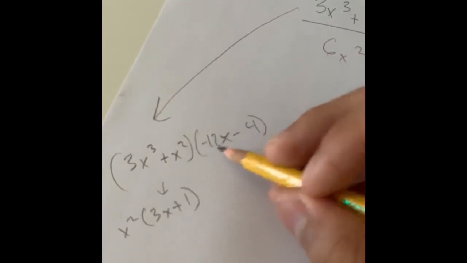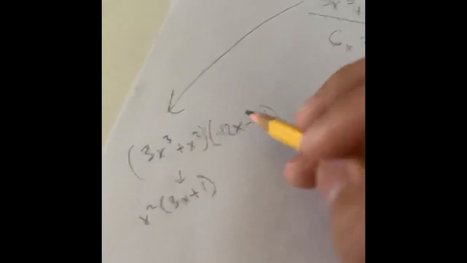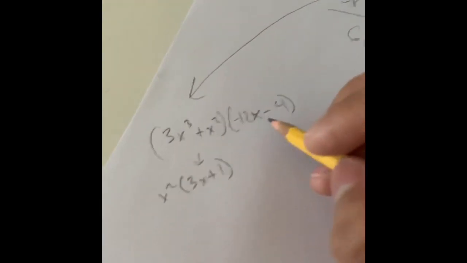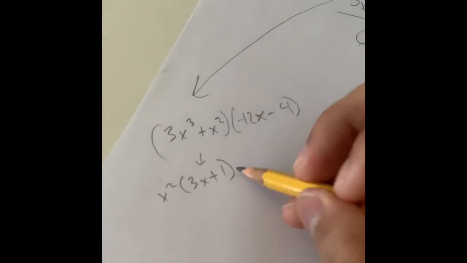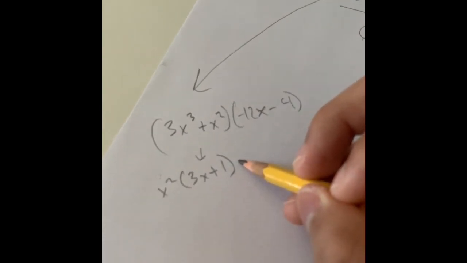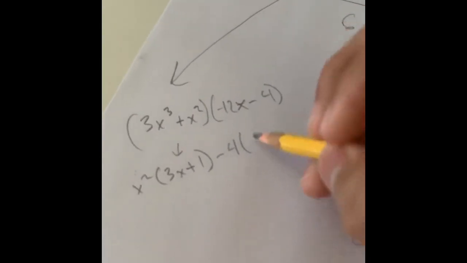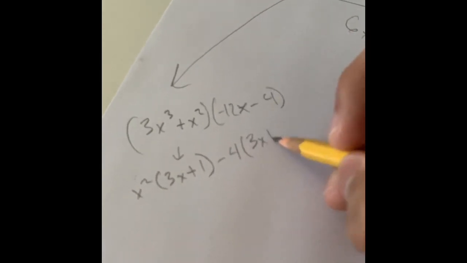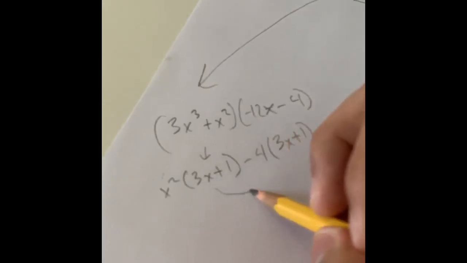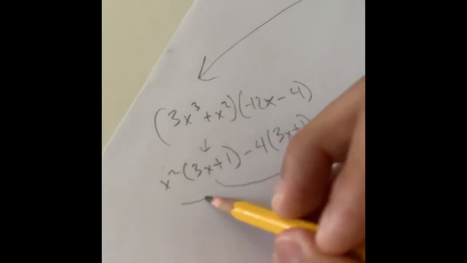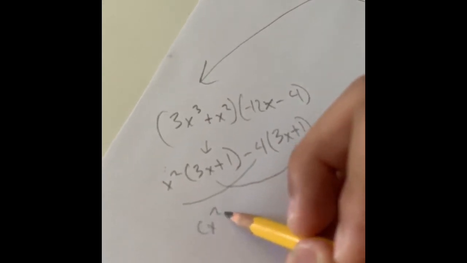Over here, since we always want the leading term inside the parentheses to be positive, we factor out a negative 4, and then we get 3x plus 1. So now you see, our factors are 3x plus 1 and x squared minus 4.